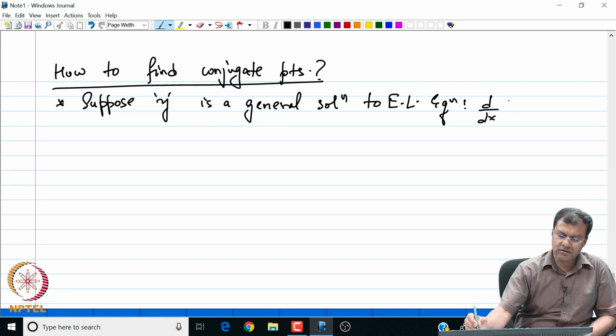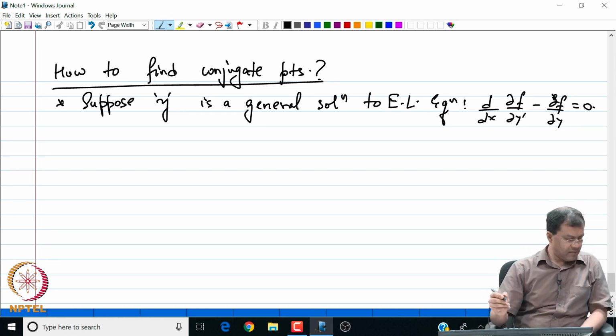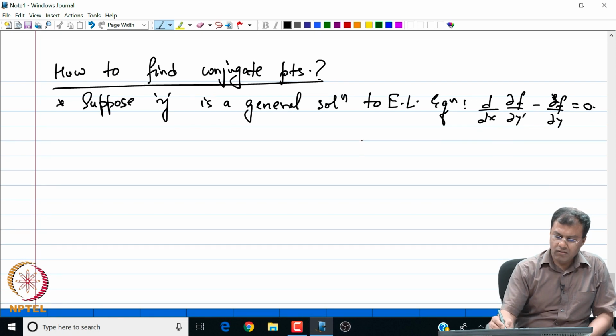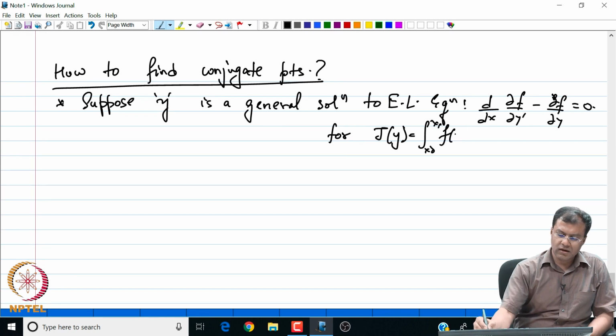Let me write this down: partial f partial y prime minus partial f partial y is equal to 0. Y is a general solution to the Euler-Lagrange equation for the functional J of y, which is the fixed point functional.